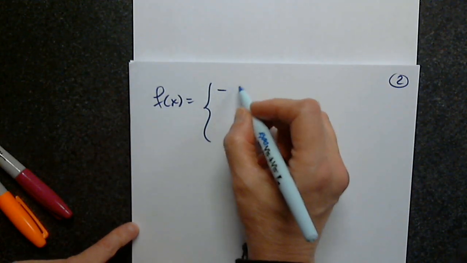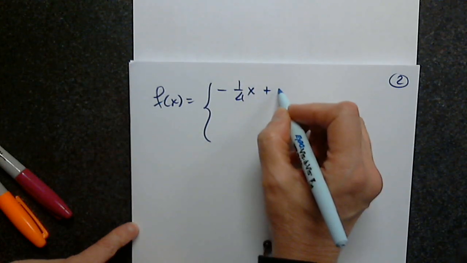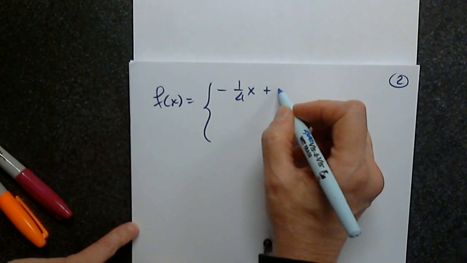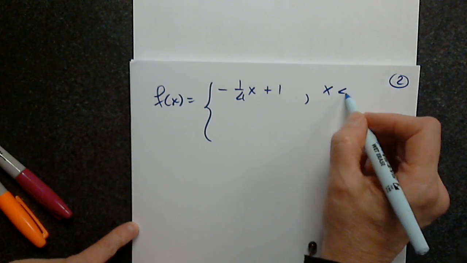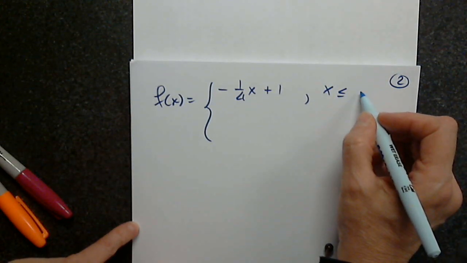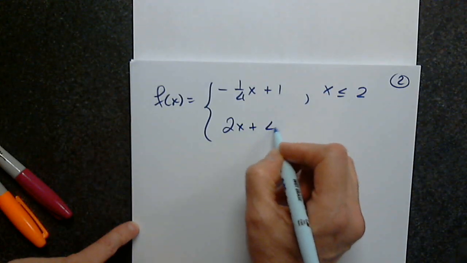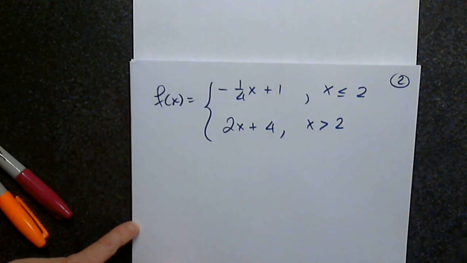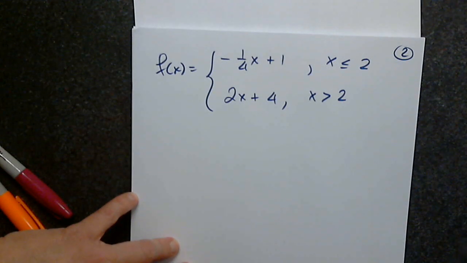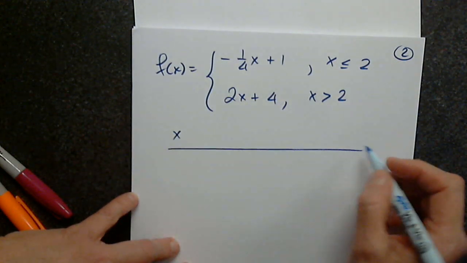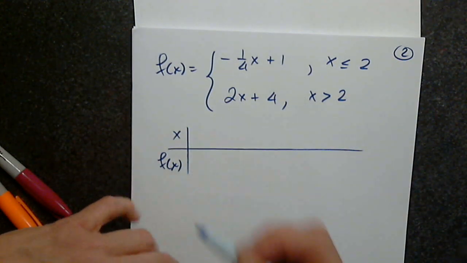Okay, so -1/4 x plus 1 for x less than or equal to 2, and 2x plus 4 for x greater than 2. First, we have to identify the domain.